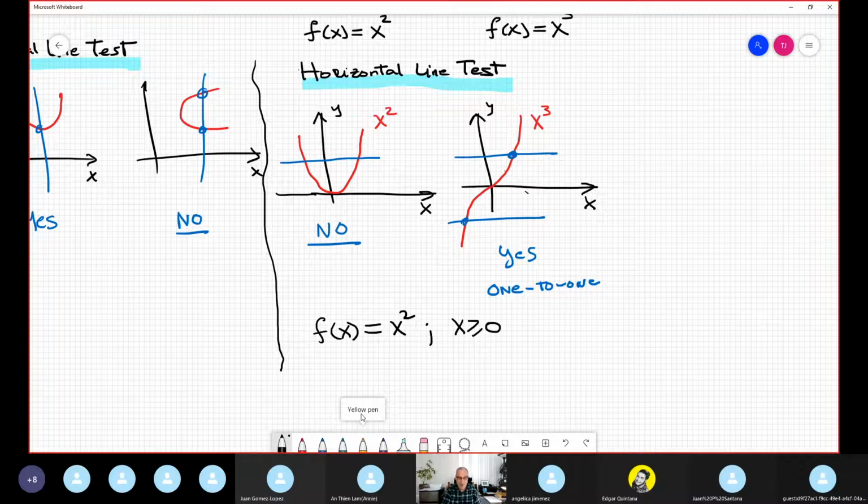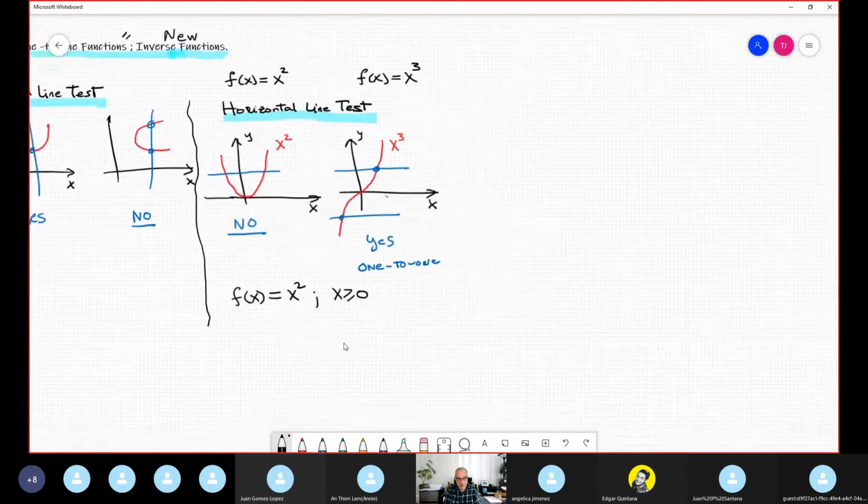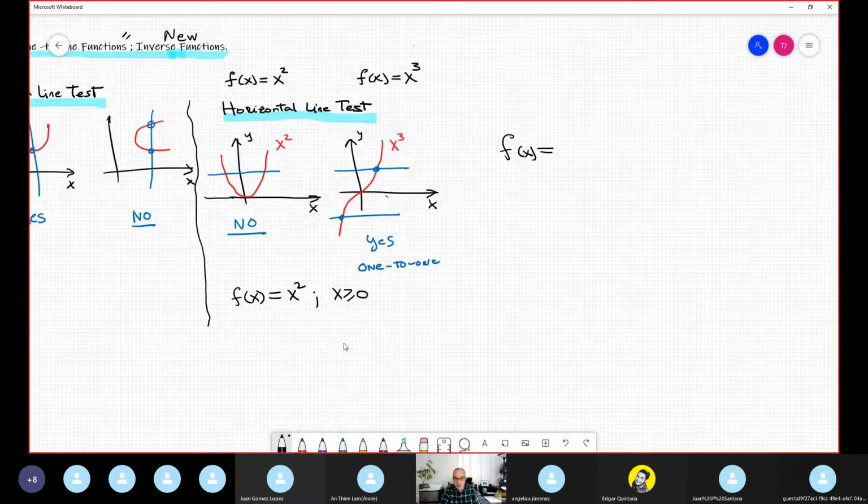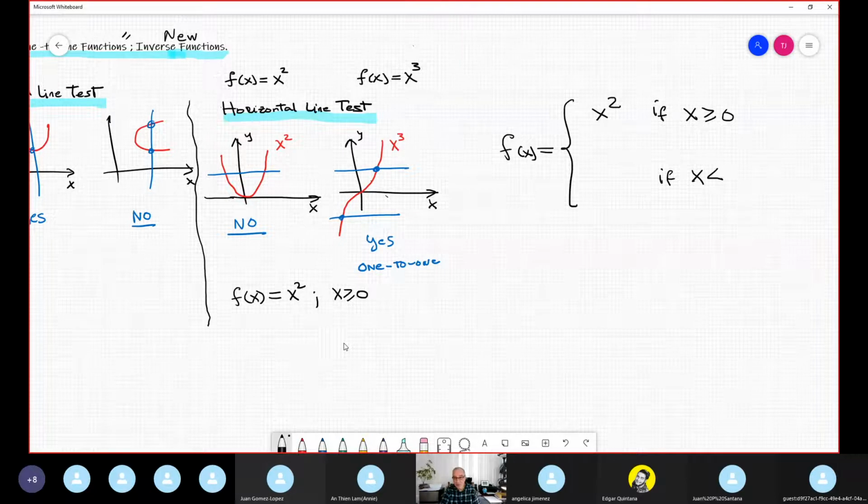What does that mean? Well, this is the restriction of the domain. So you only assume, suppose like a piecewise function, that the function is x squared if x is positive or 0. Otherwise, the complementary part, when it is negative, does not exist.